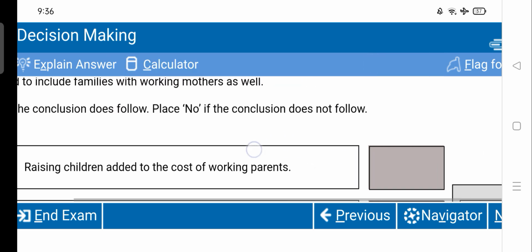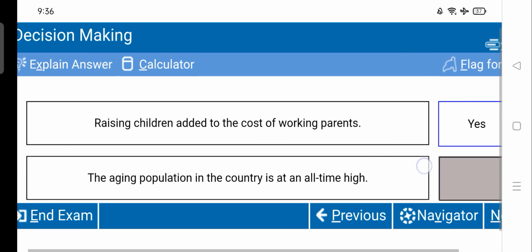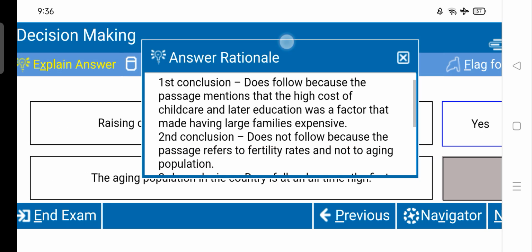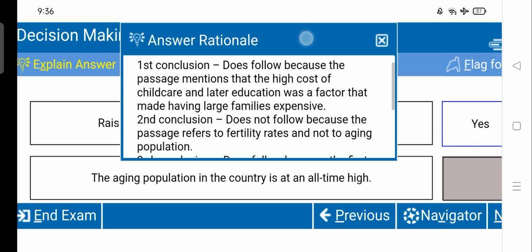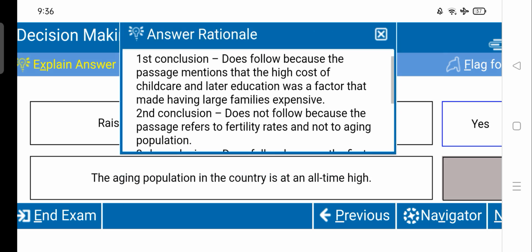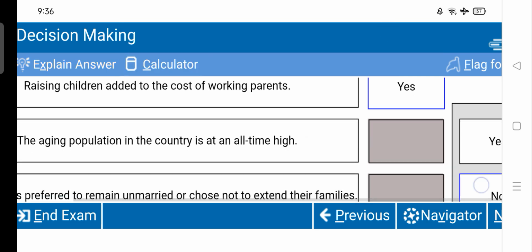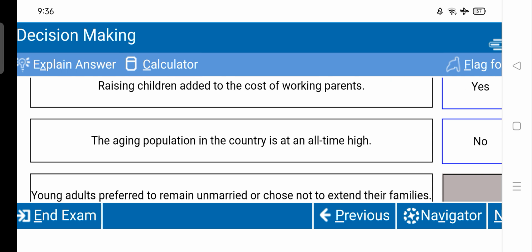So as it does follow, we will place a yes in front of this conclusion. Second conclusion, it does not follow because the passage refers to fertility rates and not to aging population. So we will drag a no and drop it here in front of this conclusion.